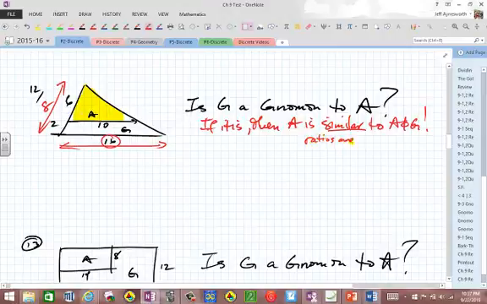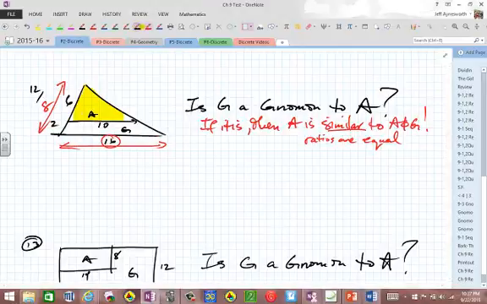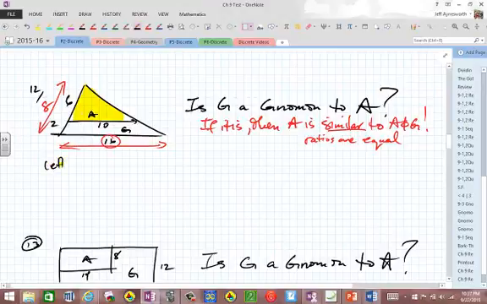Ratios are equal. Left side to base, left side to base. Or you can go left to left, base to base, however you want to do it. There's two ways to do it. I'll show you both. If you go left side to base, this is how you do it.